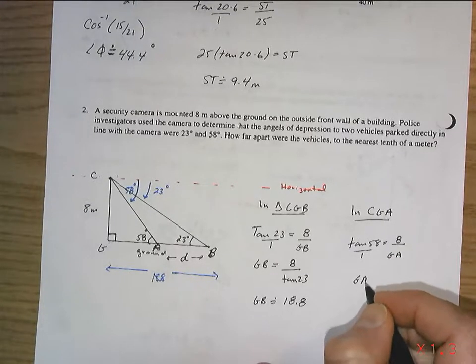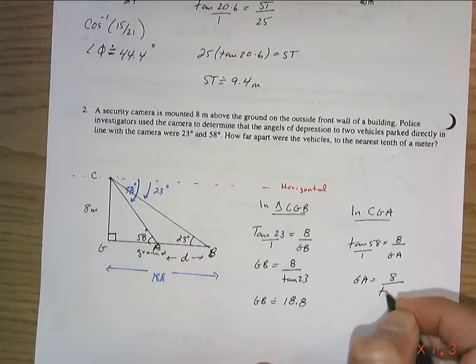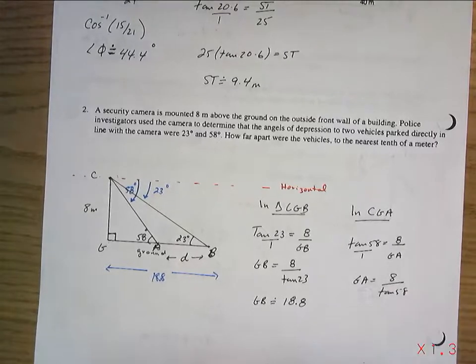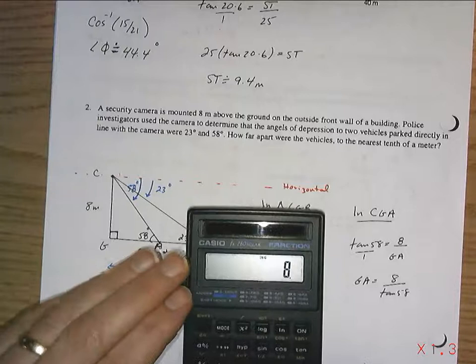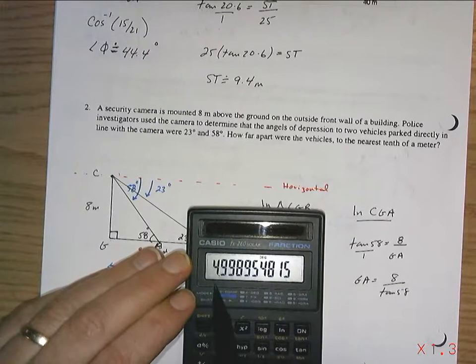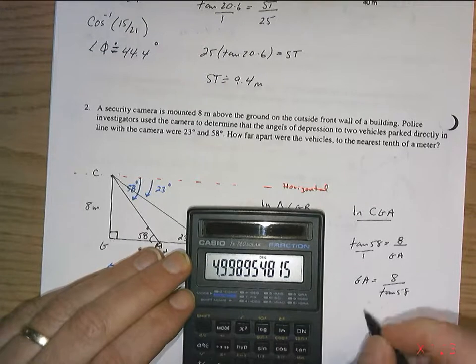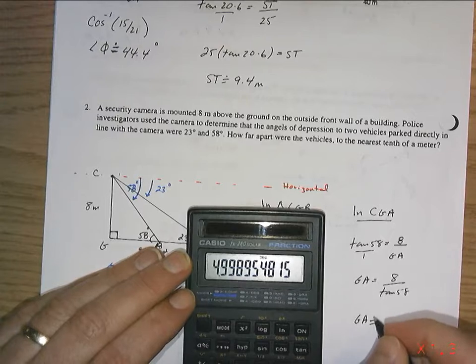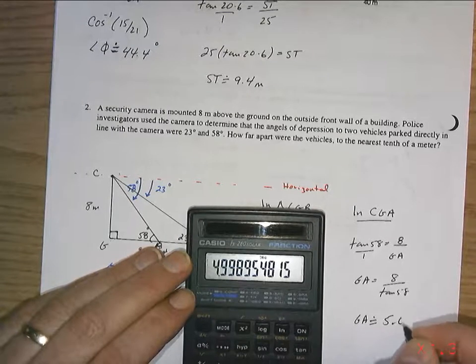So it's GA equals 8 over tan 58. So 8 divided by tan 58 equals 4.99. Well, that 9 is going to round up, and it's going to make it 5.0. You need the 0 in there to let people know that you've rounded it to a certain accuracy.